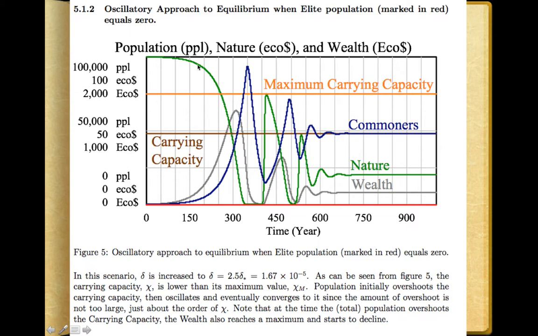So remember that nature gets regenerated, so it may go down, but then it gets regenerated, it goes back up, and then it comes down again, and eventually it stabilizes at a much lower value, by the way, and so does wealth, and the commoners. So all the variables oscillate, they go up and down, until they're able to find their sustainable values. Okay, so that's another interesting result by consuming at a faster rate.